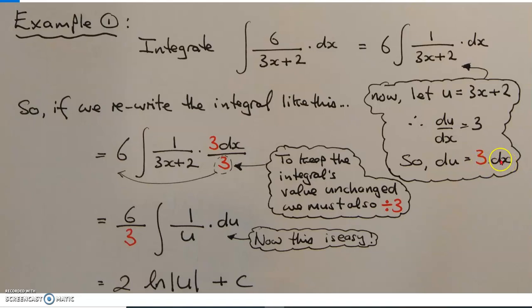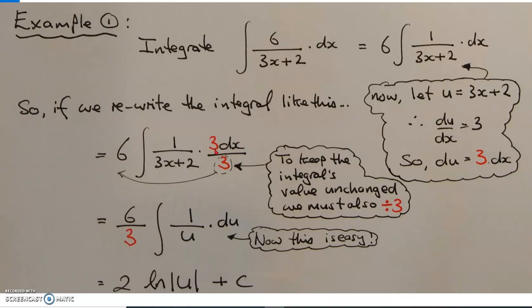So in other words, if I multiplied dx by 3, it actually stands for du. So that's what you do in the integral. You multiply the dx by 3. Okay? Now, you then have just multiplied the entire integral by 3.